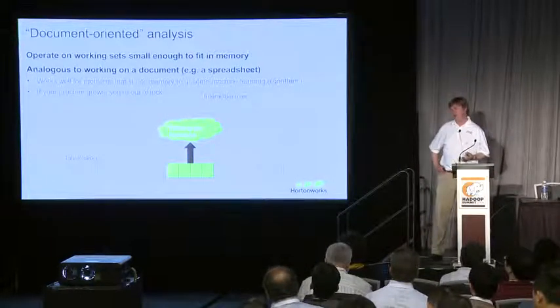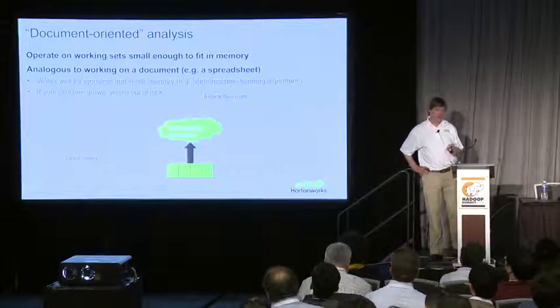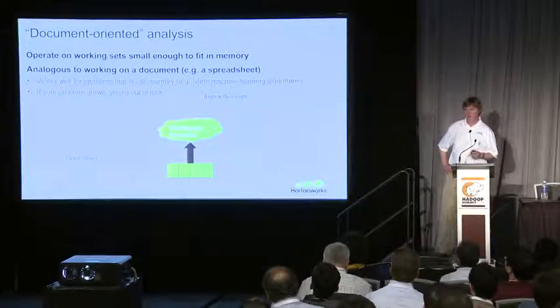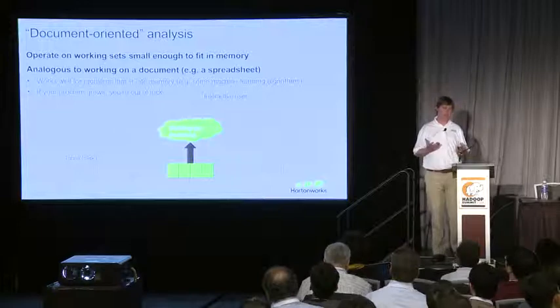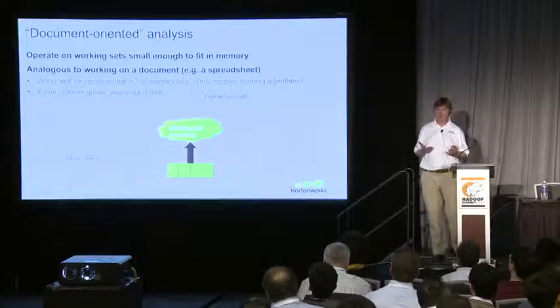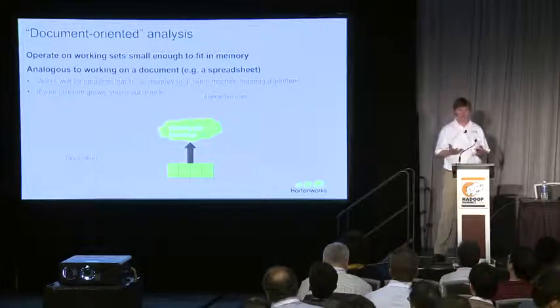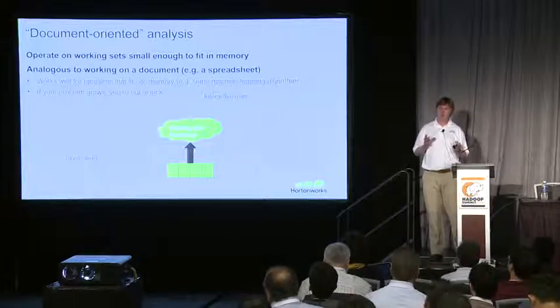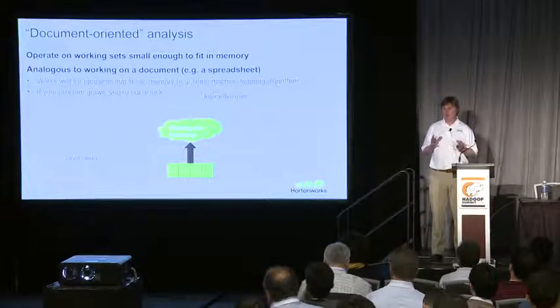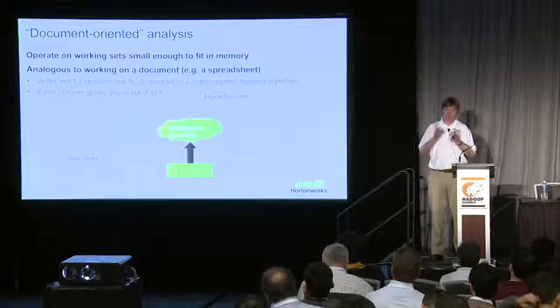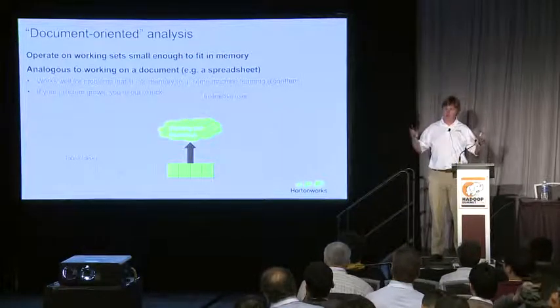Another dumb use of memory, actually it's not so dumb, but I call it document-oriented analysis. It's really great for some kinds of work, like machine learning, where you can work on a medium-sized amount of data that fits in memory. And this is not just the memory on one node, this is the memory on your entire cluster.